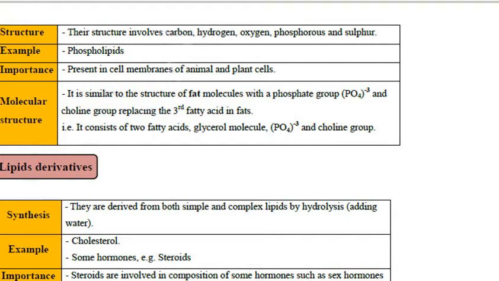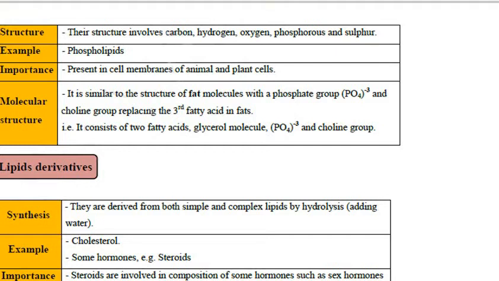Phospholipid means it consists of phosphorus, carbon, hydrogen, and oxygen atoms. Here the molecular structure of the phospholipid is a glycerol molecule combined not with three fatty acids but with two fatty acids, and the third fatty acid is replaced by a phosphate group or choline group.